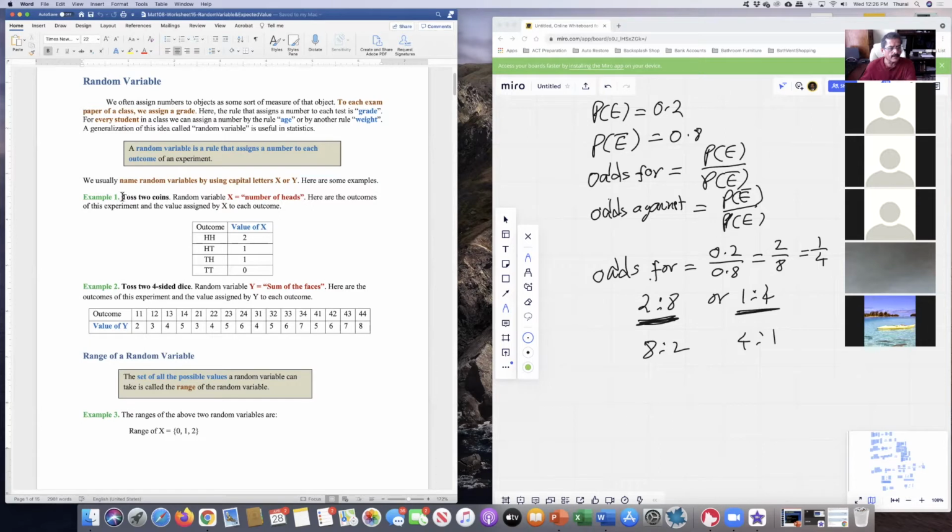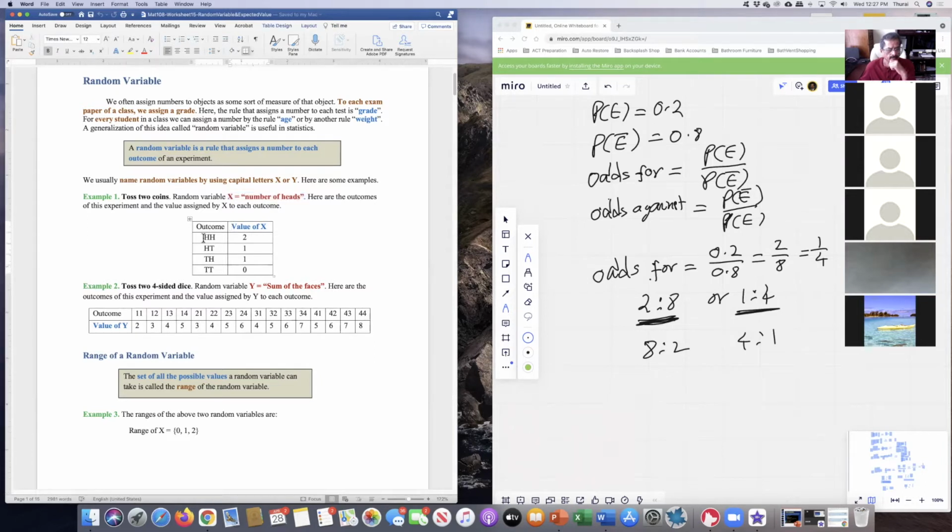So here's an example. Toss two coins. That means outcomes are going to be two letters, HH, HT, TH, TT, and the random variable is defined to be number of heads. So how many heads are there in each outcome? That number will be the value of the random variable. So here's the list that shows the values of the random variable.